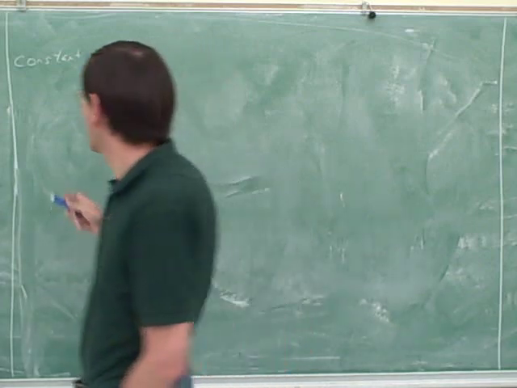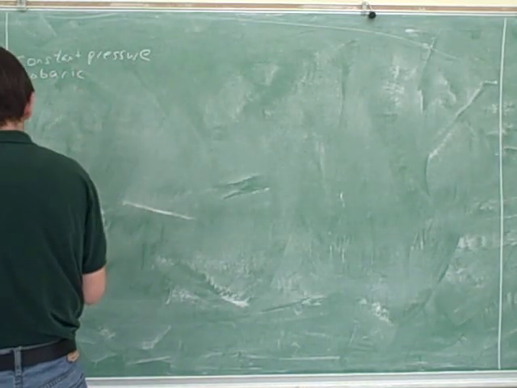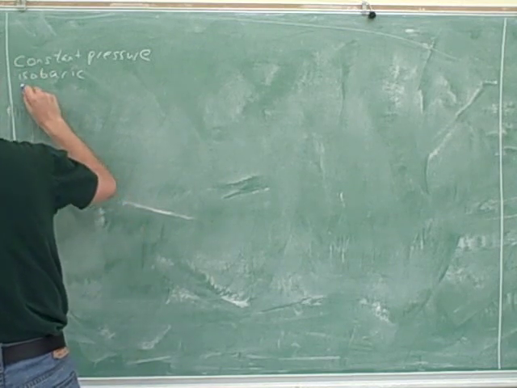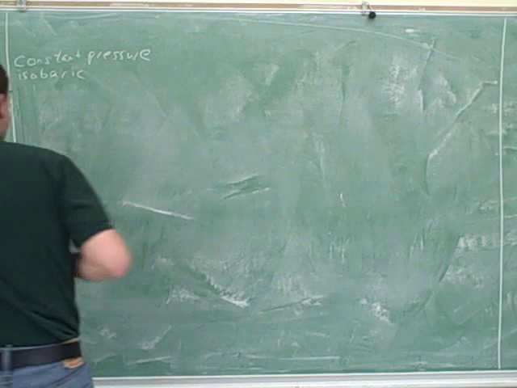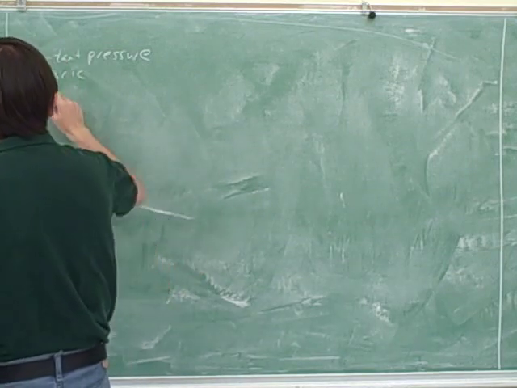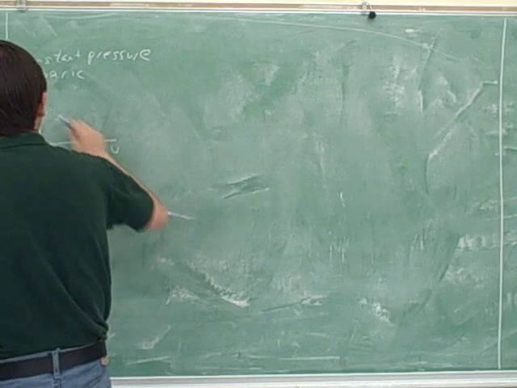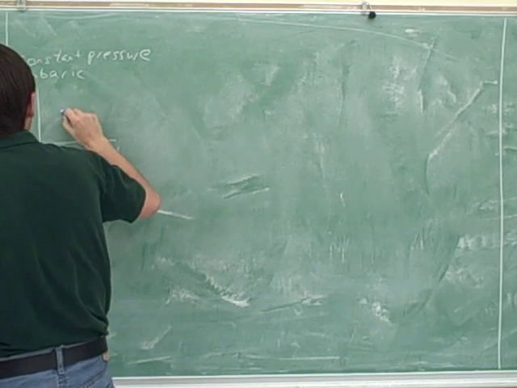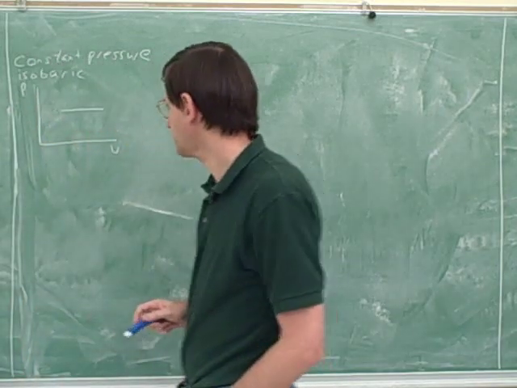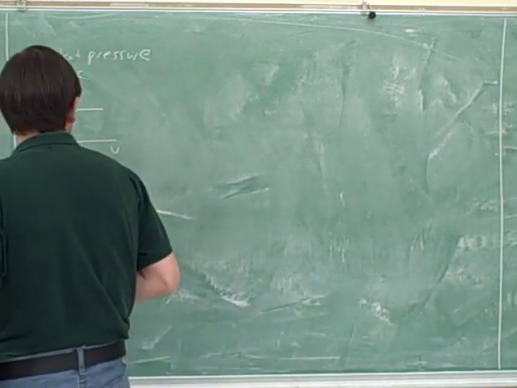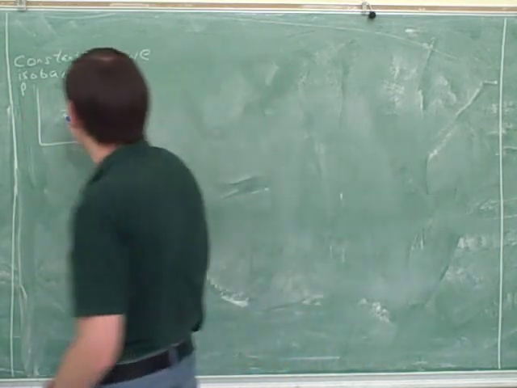Iso means same or constant. That's a term you might be expected to know. So what would the PV curve look like for an isobaric process? It's a horizontal line. That's right, not just a line, but a horizontal line. Good. Because that's what it means for the pressure to be constant.